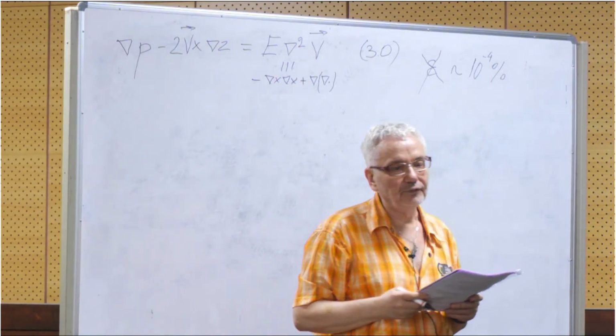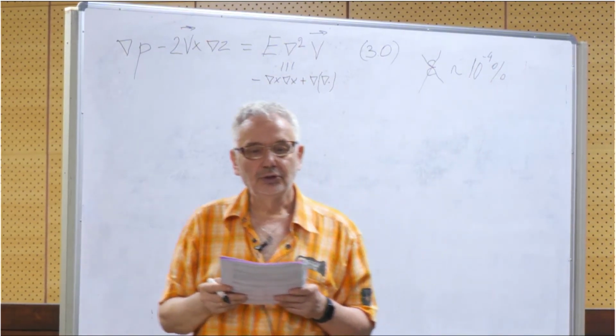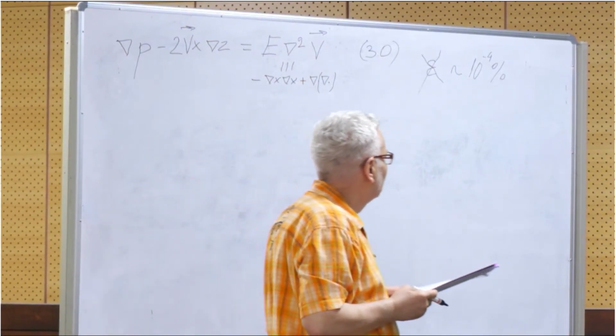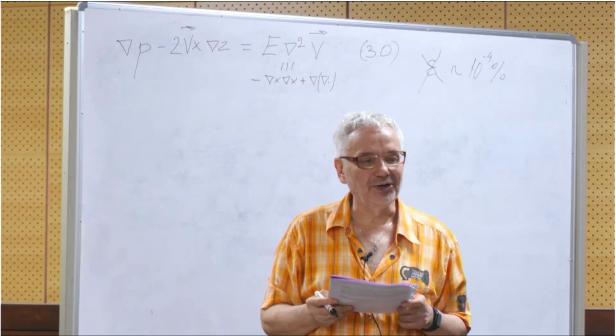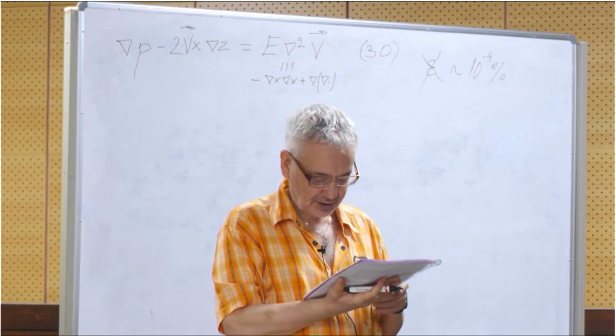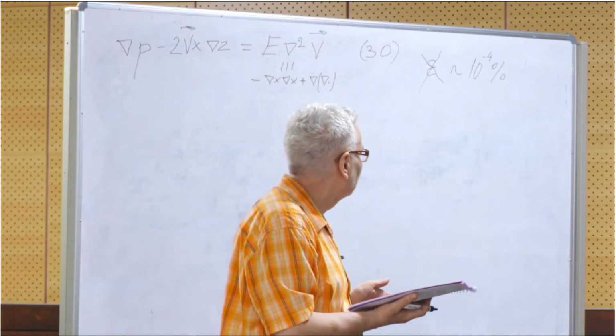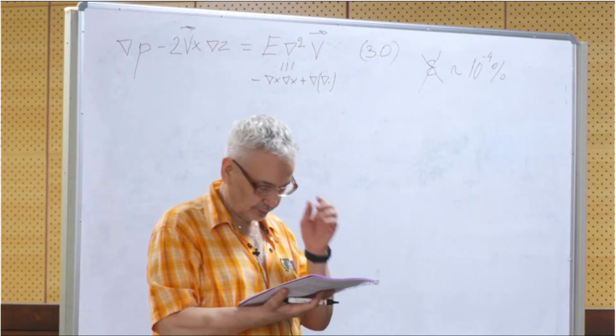So it's more than enough accuracy in our case, because most estimates are very often just an order of magnitude. So here we are quite safe working in this limit, and of course omitting all the nonlinear terms.